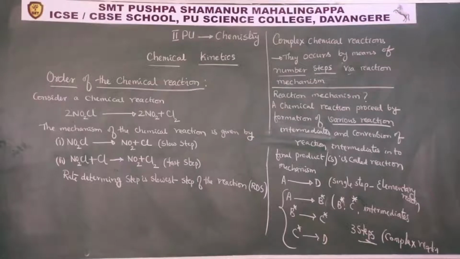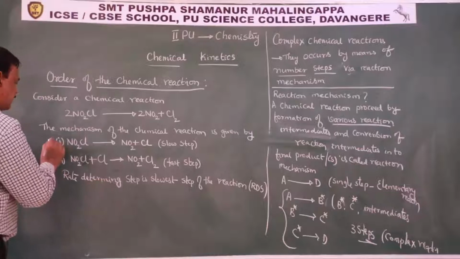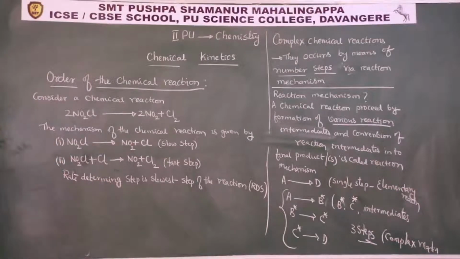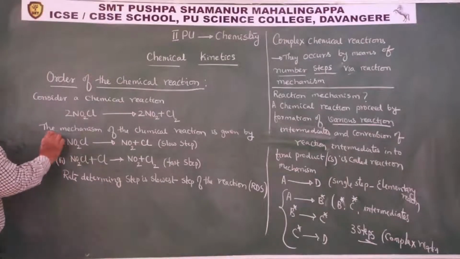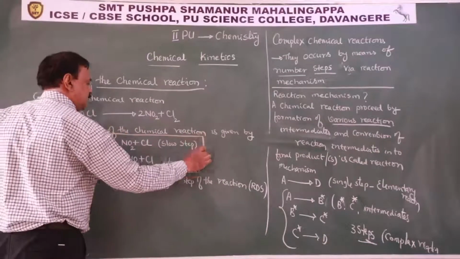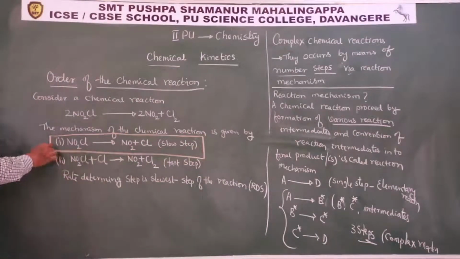Therefore, how do you obtain the rate law? That is, rate is equal to what? Rate is directly proportional to, and this is very important. This is the slowest step of the chemical reaction, and you have to explain the rate from it.